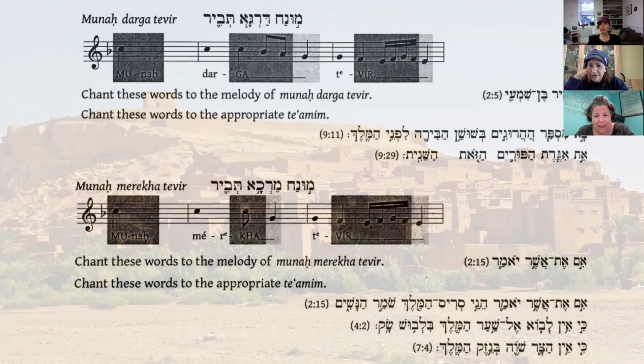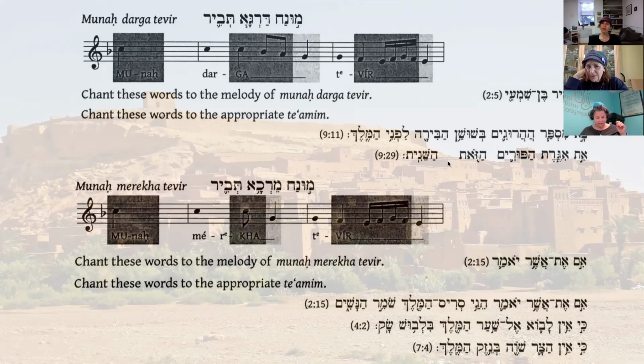את איגרת הפורים הזאת השנית. So this is our expanded siluk. And Hazot. So here we have just tipcha with no mercha before it.